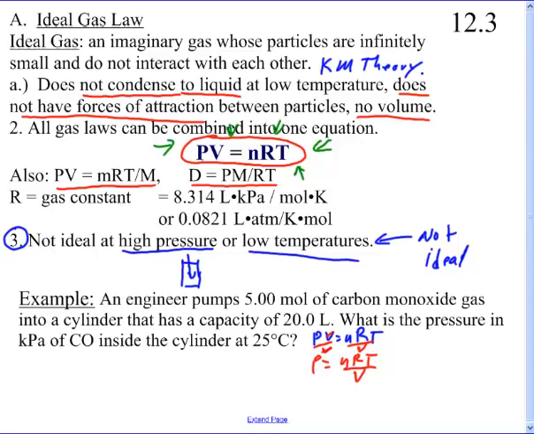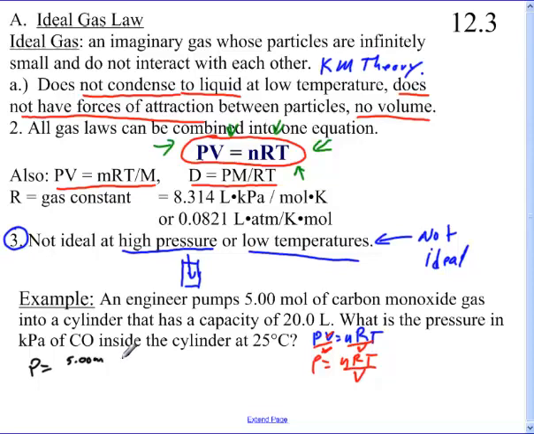So we've got that. And so once I have this, now it's just a matter of me plugging in the numbers, and I think the math gets a lot easier. I'm running out of room, so let me do it over here. P is going to equal, the number of moles is 5.00 moles.